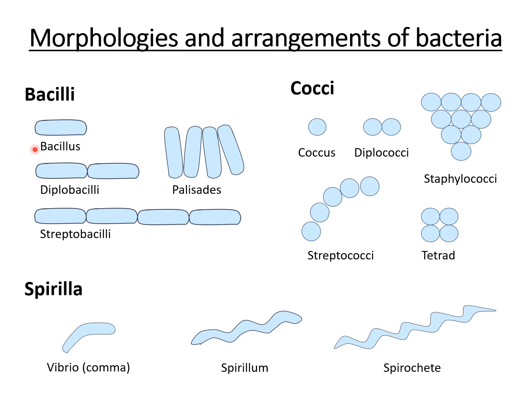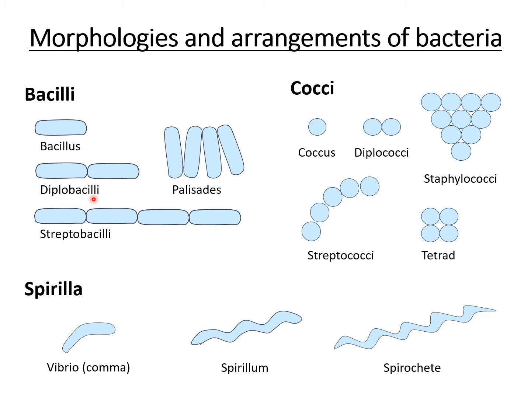Now, some bacteria out there are bacillus, and they are single bacillus. The way they are arranged, each bacillus bacteria is on its own. They are not touching. But some of them, as you can see, are touching each other and they're paired. So what do we call them? We call them diplo, coming from the word di, two.